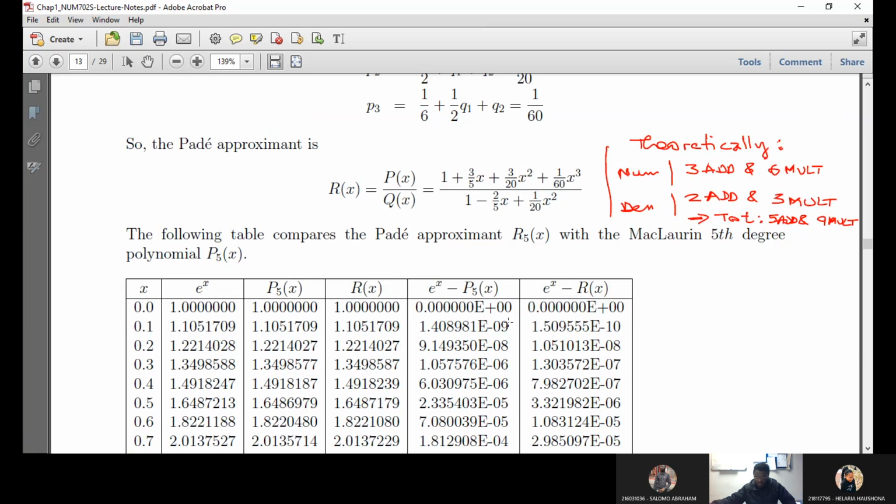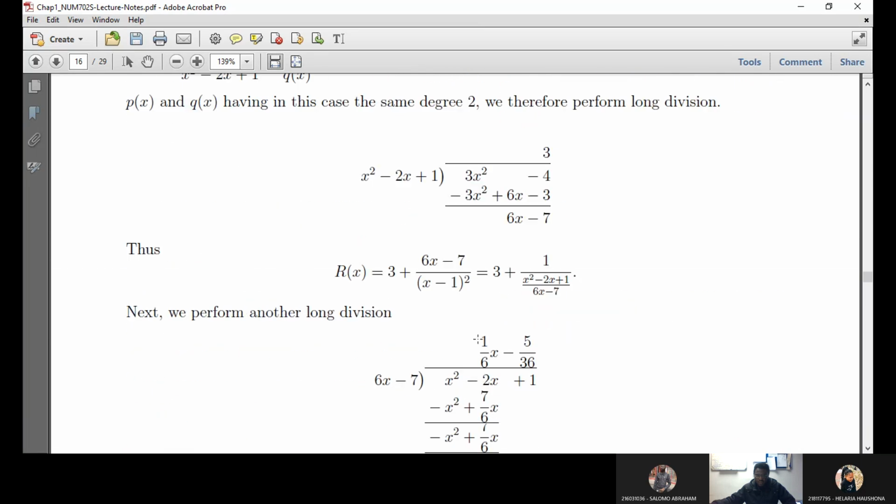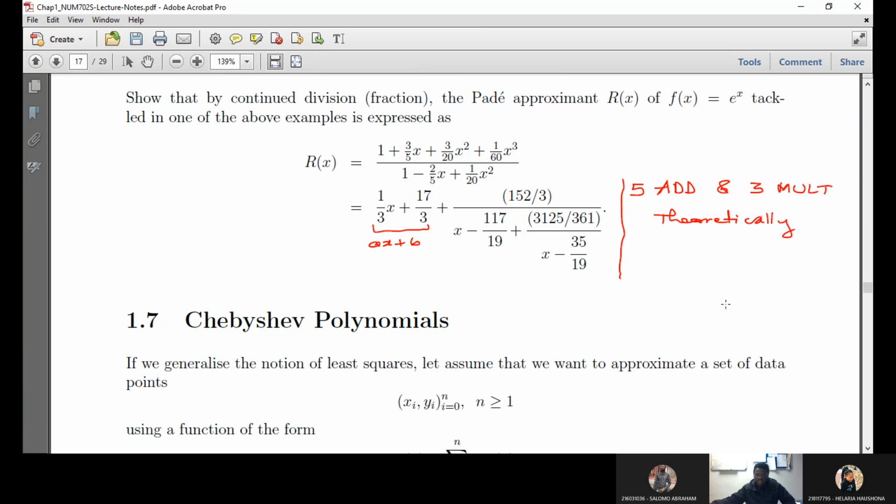Okay, so we have 5, 9 here. That is 5 additions, 9 multiplications. Whereas here we have 5, 3. And 3 is the maximum, 3 multiplications, which is the maximum between this degree and that one.